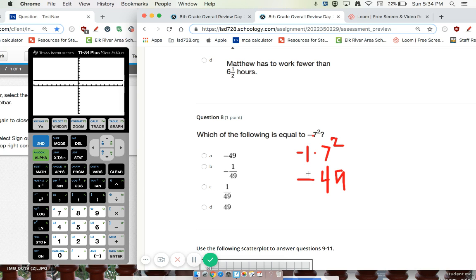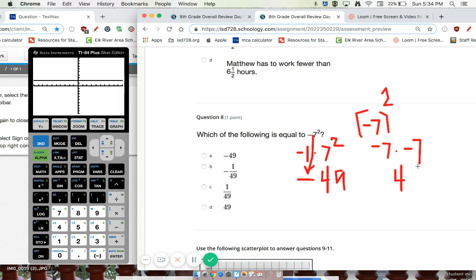What we taught you in 7th grade was drop down the negative. If it was in parentheses, -7 in parentheses squared, that would be where the negative travels with, so -7 times -7 would be a positive 49.